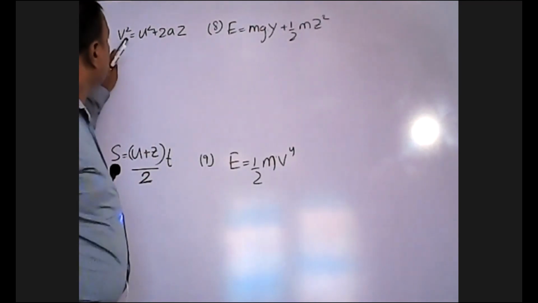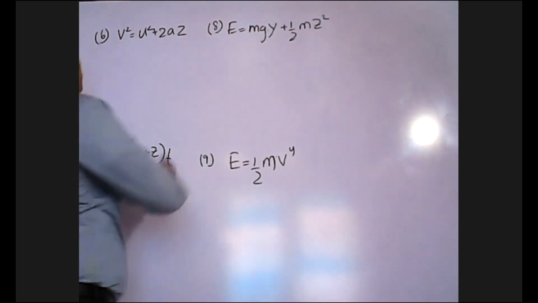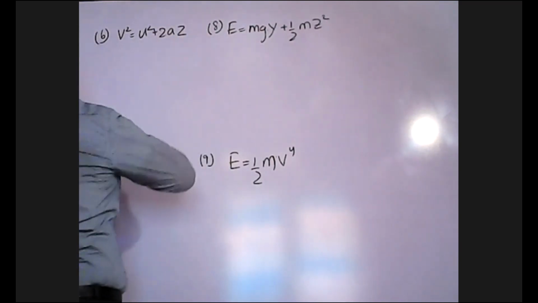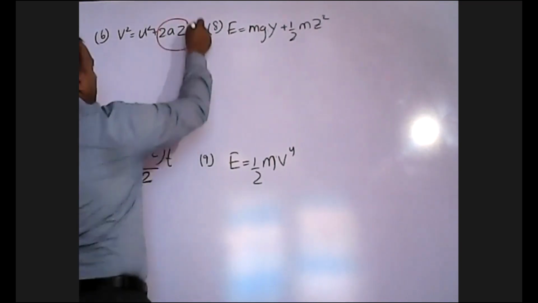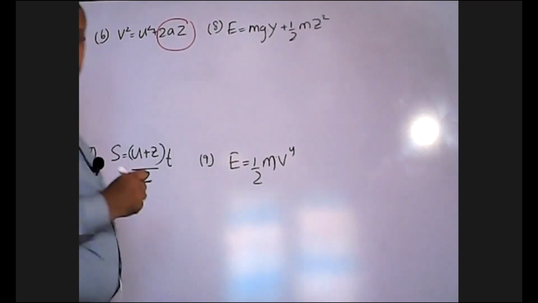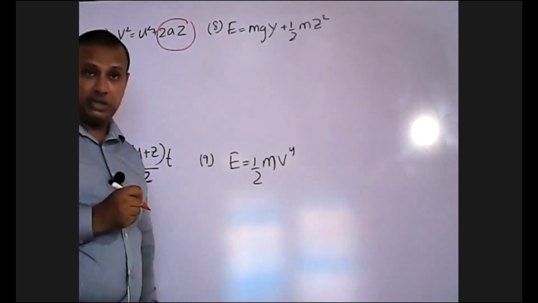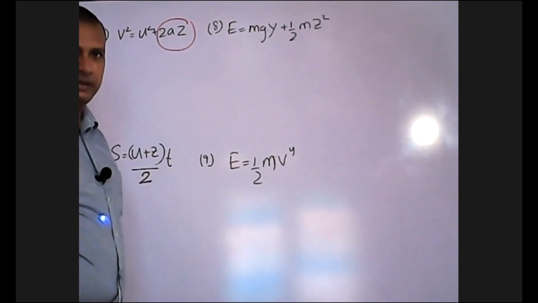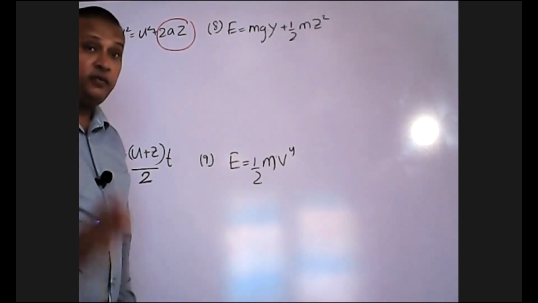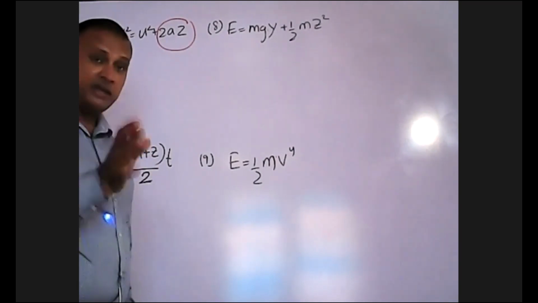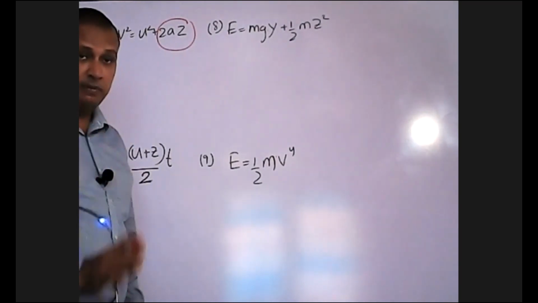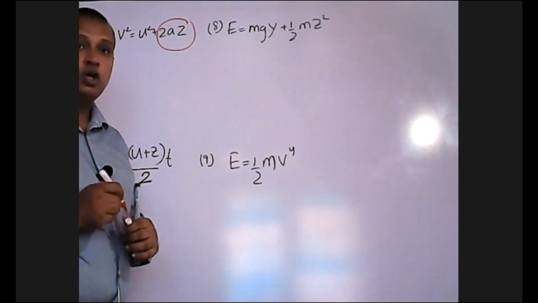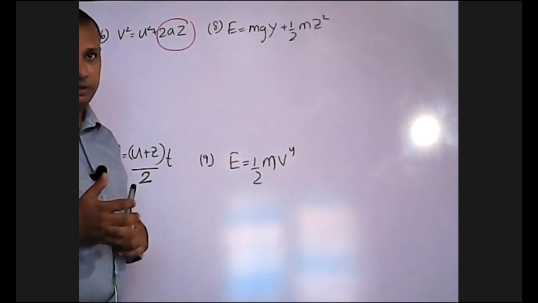So now we have to find this one. Then we can use our first factor, that is, if there's an equation, each and every term should have the same dimension.